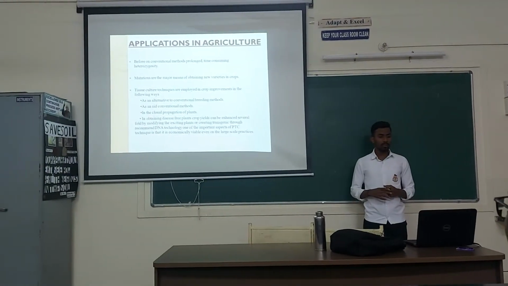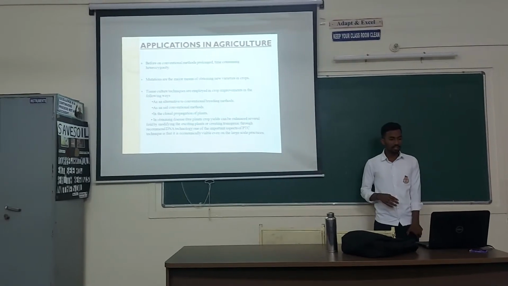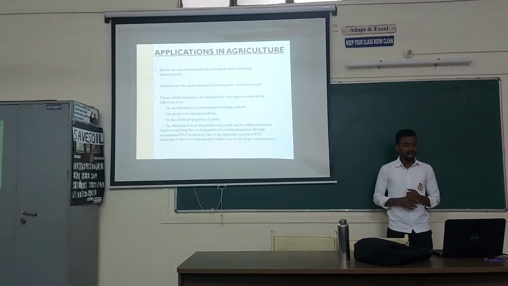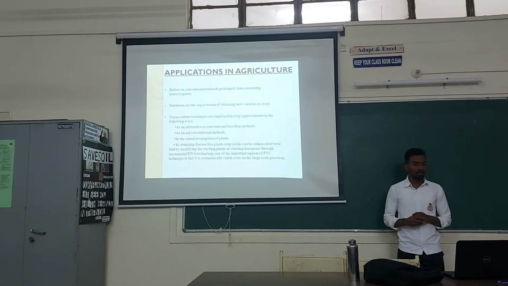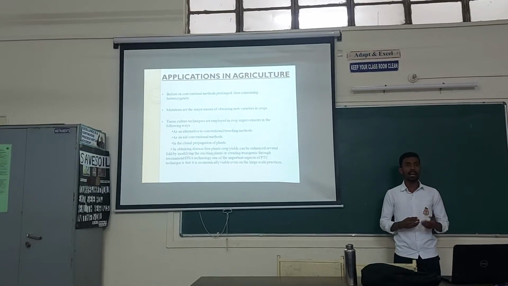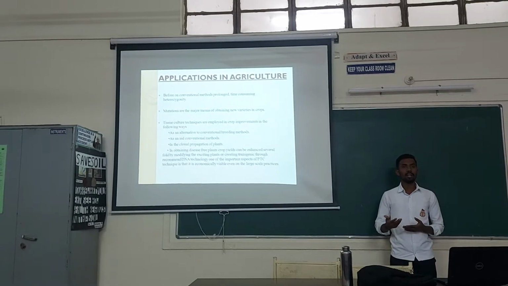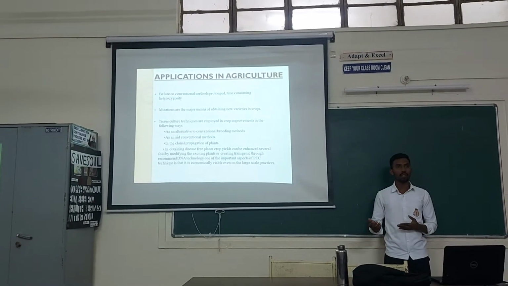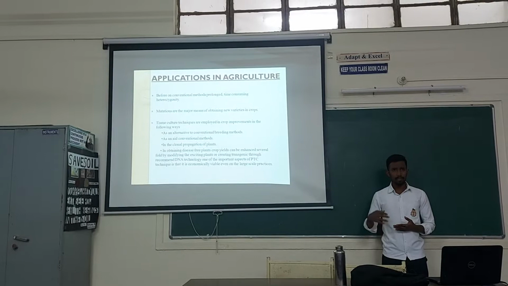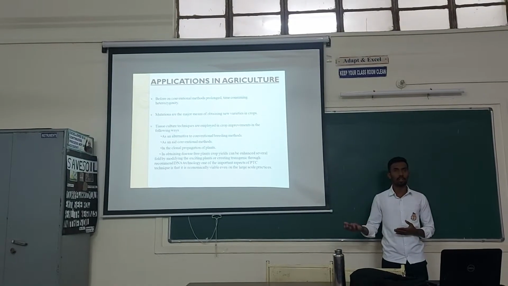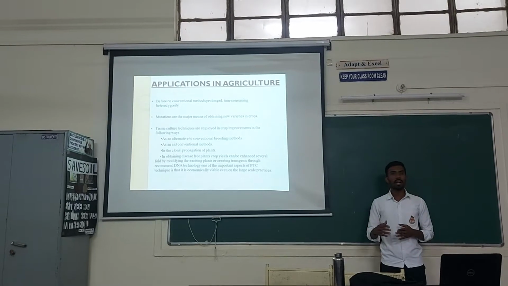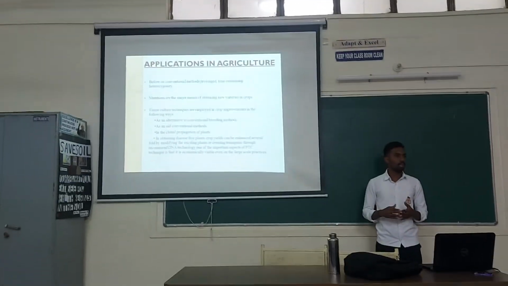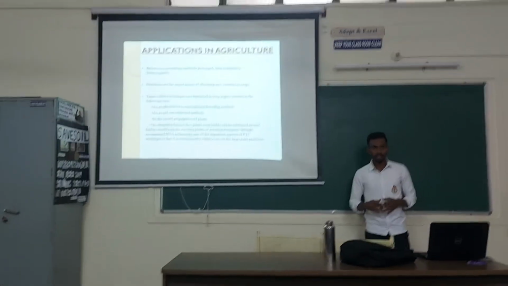One important aspect of plant tissue culture is that it is economically viable even on large scale practices. These technologies have been involved in the production of food products; millets, which took a long time, can now be grown in a shorter period using these techniques.